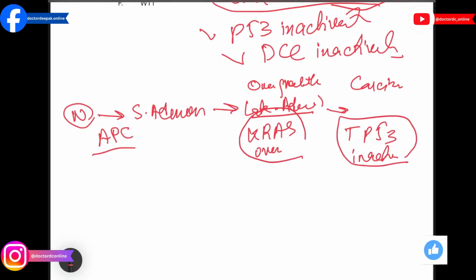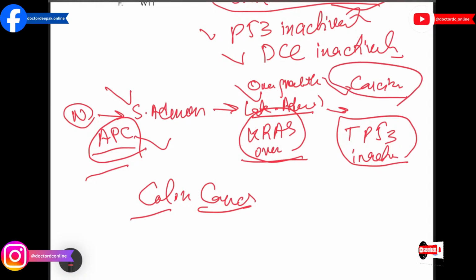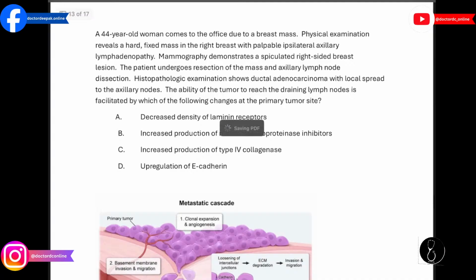Okay? Don't forget these three genes and their phenomenon in acquiring cancer. It is so important. And again, I am saying if a normal tissue is converting into small adenoma, then APC inactivation is there. For small adenoma converting to late adenoma, then KRAS overexpression is there. If late adenoma is converting to carcinoma, then it requires TP53 inactivation. Okay? Now we are moving to the next question.